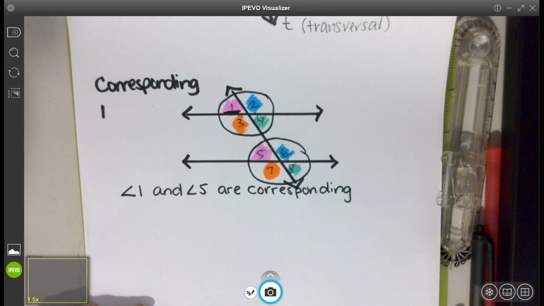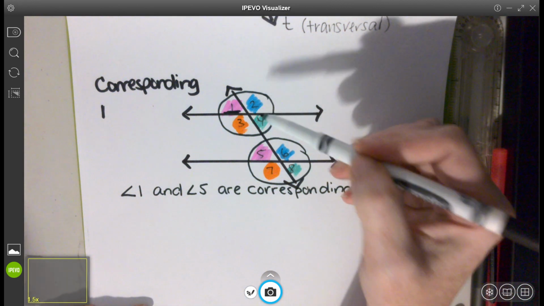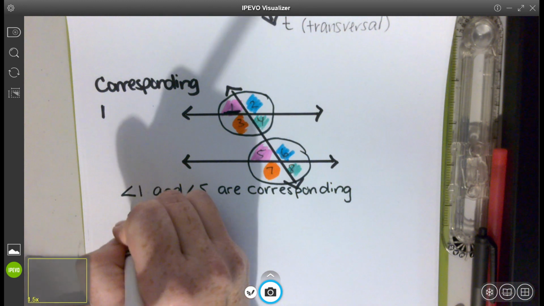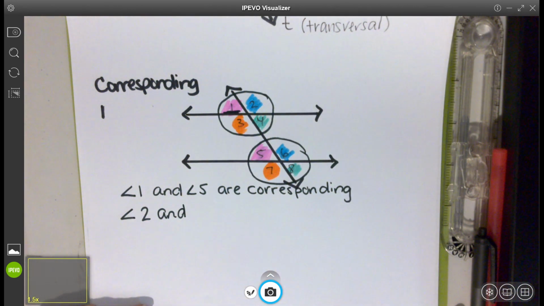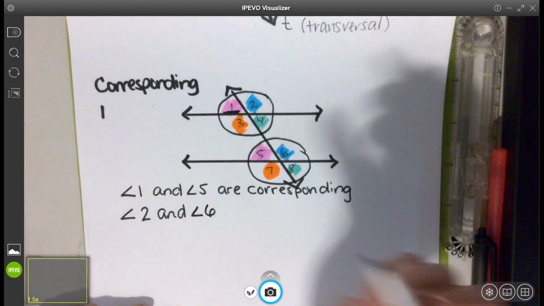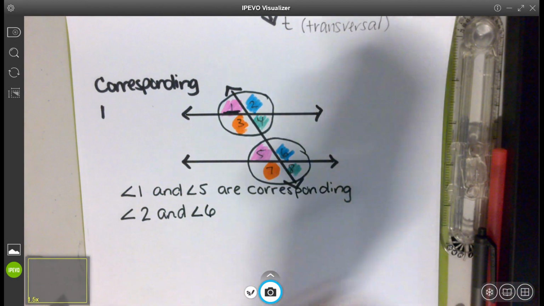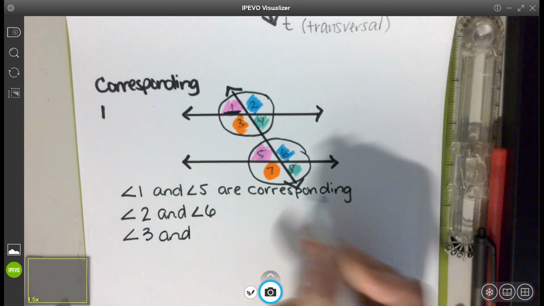We're going to continue this on and see the other combinations. So here is the person riding shotgun in position 2 in the first cluster. Who would be riding shotgun in the second cluster? And you can see that would be angle 6. Continuing on, angle 3 would match with angle 7.